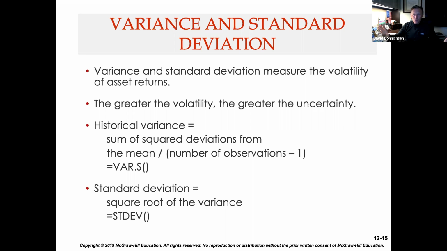So that's great news. And then the standard deviation is nothing more than the square root of the variance. So standard deviation, or sigma, is the square root of the variance, and the variance is sigma squared. Once we calculate the variance, all we have to do is take the square root of the variance and we get the standard deviation.